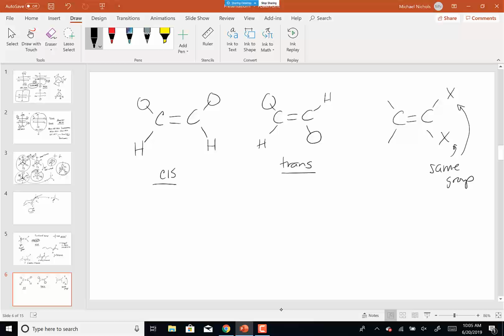There is no cis-trans, because cis-trans means I have two different shapes. That means that if I switched two of these groups attached to one carbon, I'm going to get a different shape. Well, if these two groups are the same, and I switch them, what happens to the shape? Nothing. They're the same.